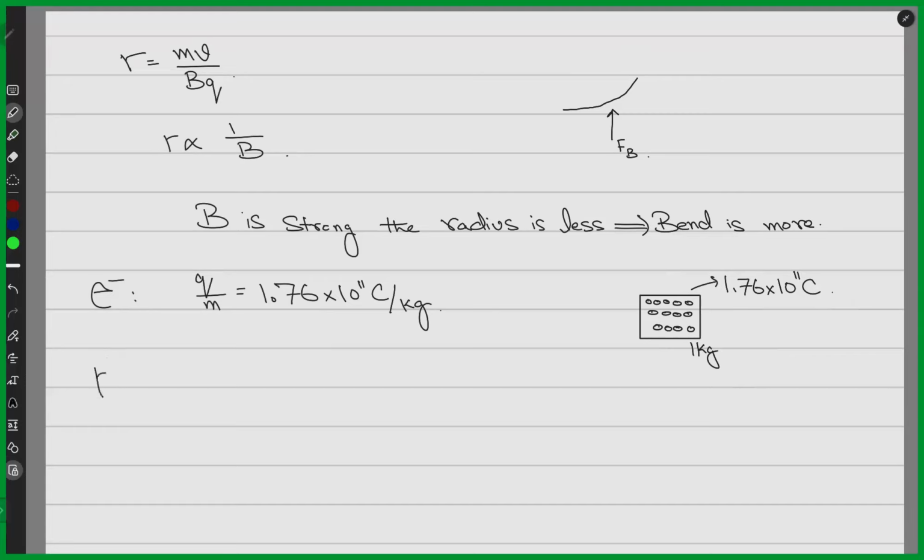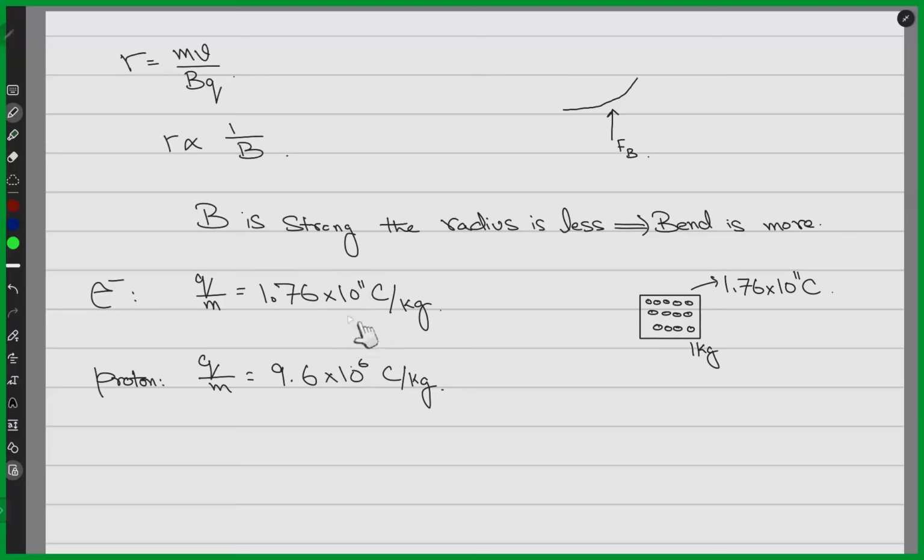While for a proton, the charge to mass ratio is about 9.6 times 10 raised to power 6 coulombs per kilogram. And you would expect for the proton the charge to mass ratio to be quite less compared to the electron.